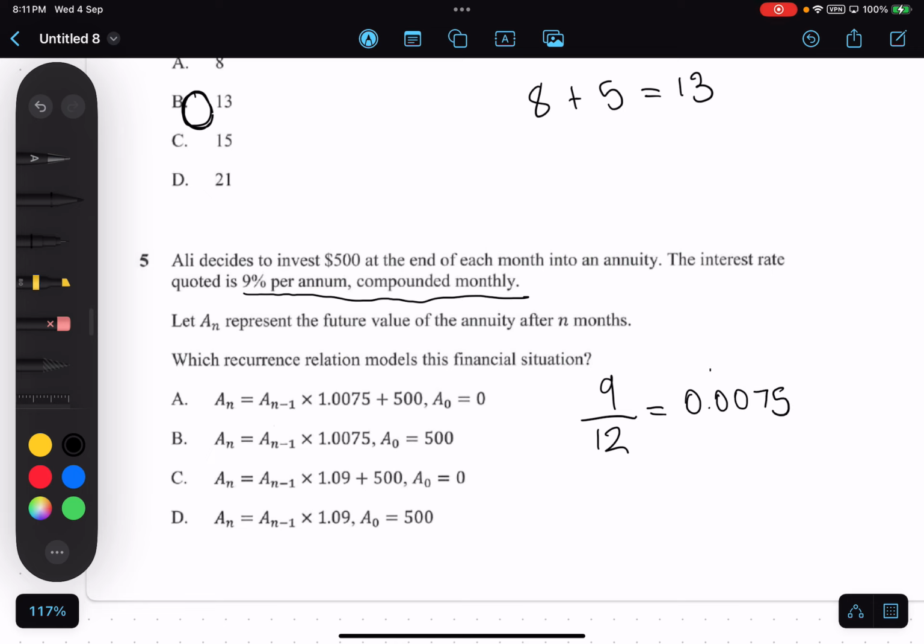Yeah, so this is the monthly rate. So automatically you can knock out these two. Alright, so now we're left between A and B.